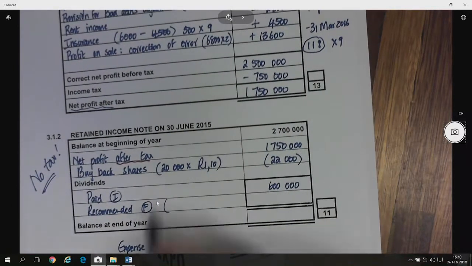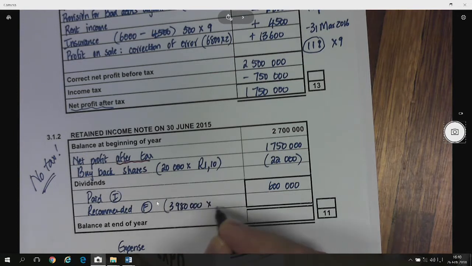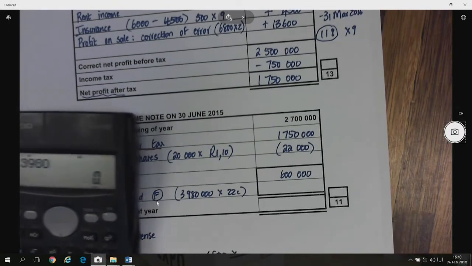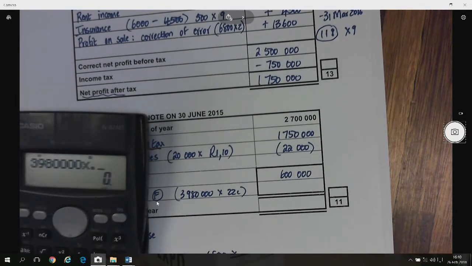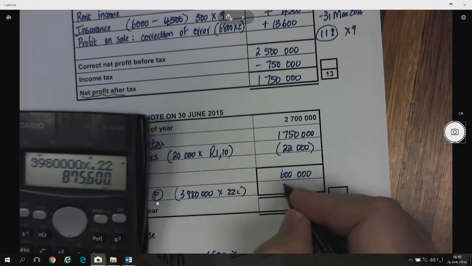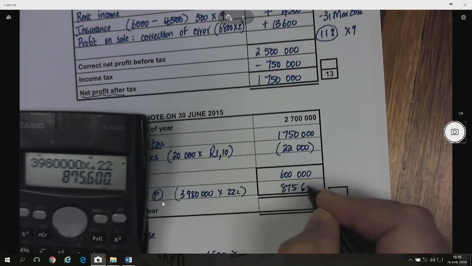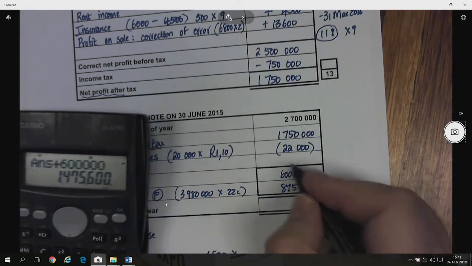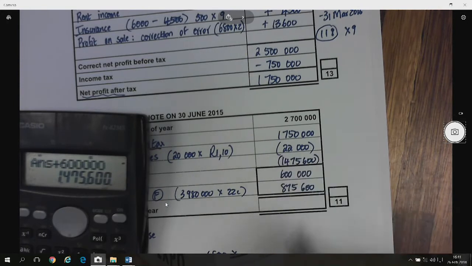So 3,980,000 times 22 cents, and that will give us 875,600, plus the 600,000. That gives us 1,475,600 there in brackets.